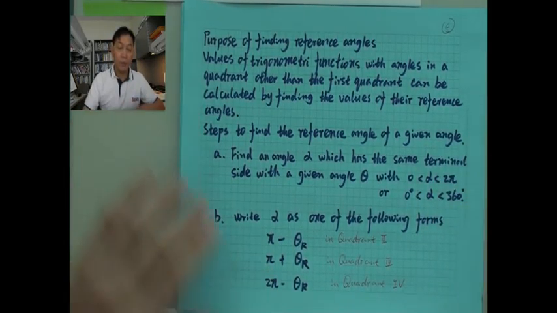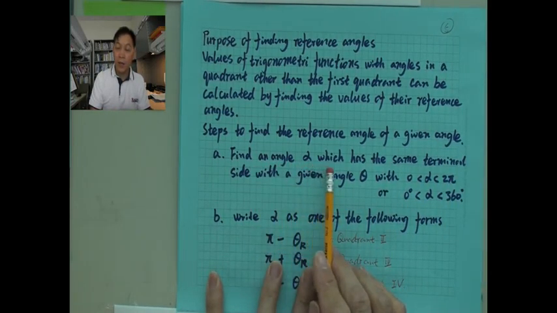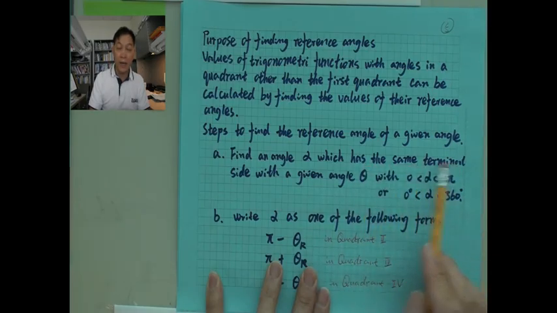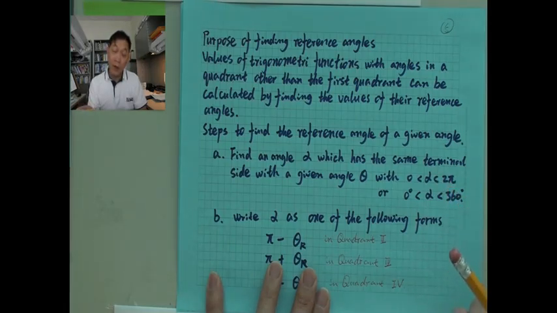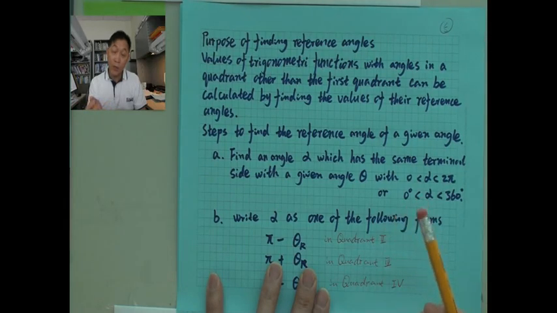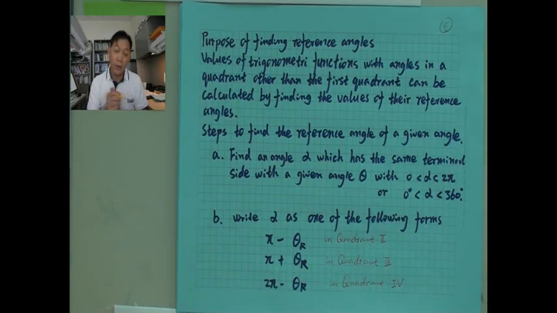Step 1 is that you are given an angle alpha which has the same terminal side as a given theta. This is a necessary step. I will show you what that means. Sometimes you are given a negative angle, let's say negative 120 degrees, and you want to figure out which quadrant this angle is in.